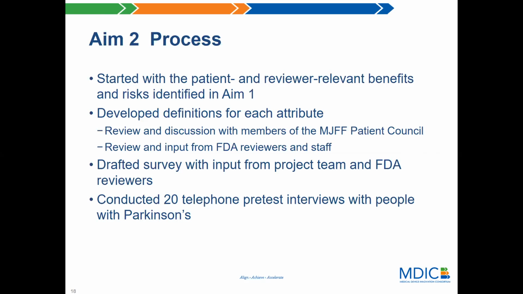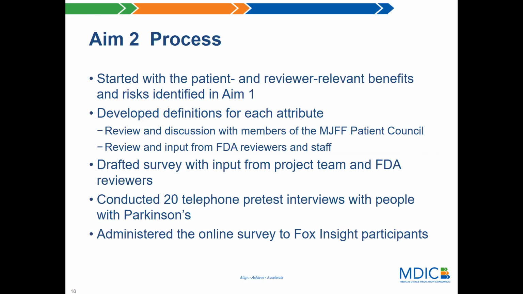And they were really interesting interviews, but what they helped us to do was take something that we had that answered the research question that we were interested in, using the benefits and risks that had been identified previously, and help us get it in a way that made sense to patients, where patients were able to tell us, in fact, what their risk tolerance was and what the value to them was of the different benefits that we included.